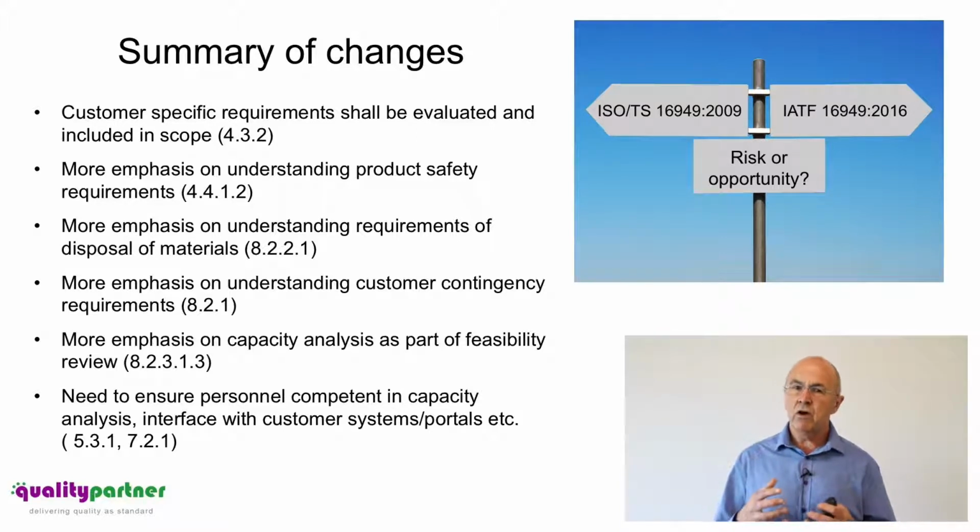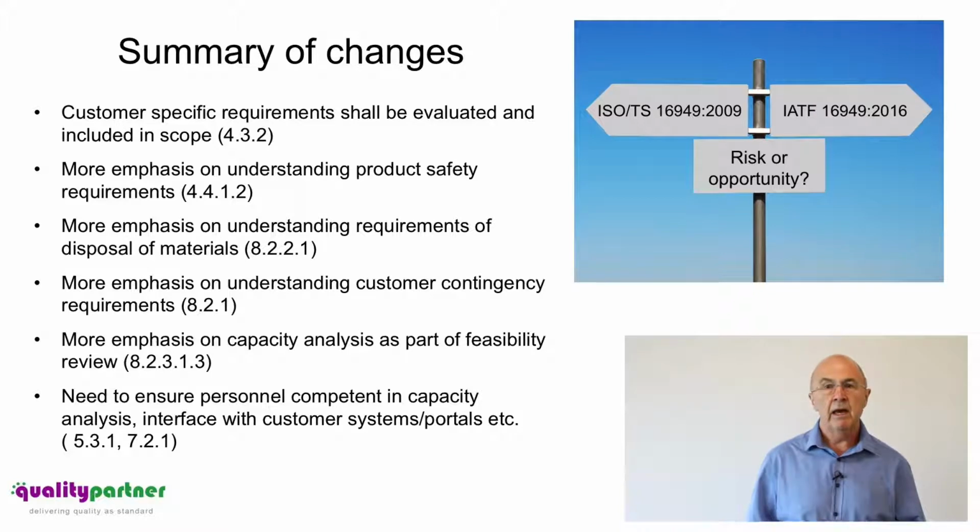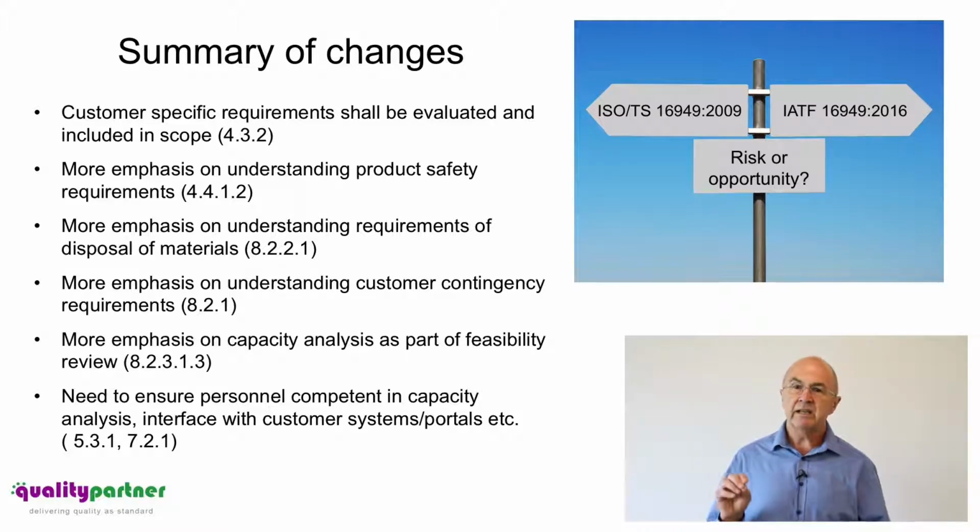And also that we've got competent people that can interface with all the relevant customer systems, including access to any customer portals. We see a couple of requirements, 5.3.1 and 7.2.1, that talk about this.